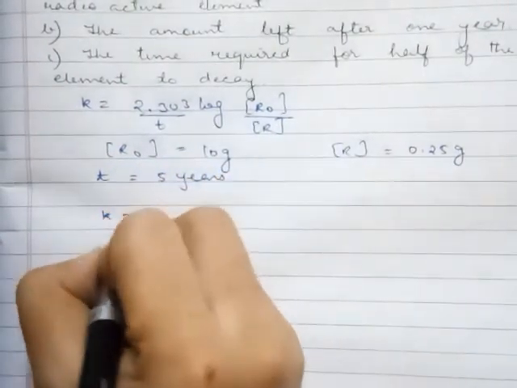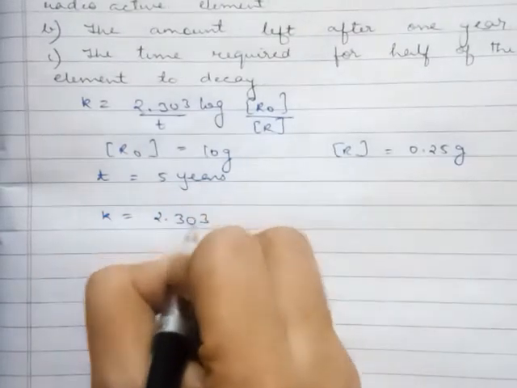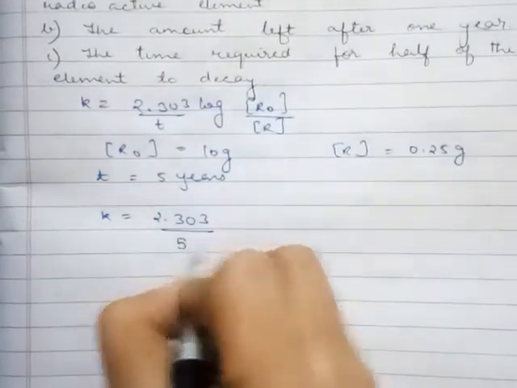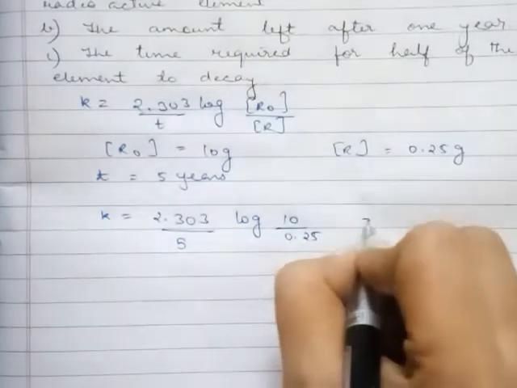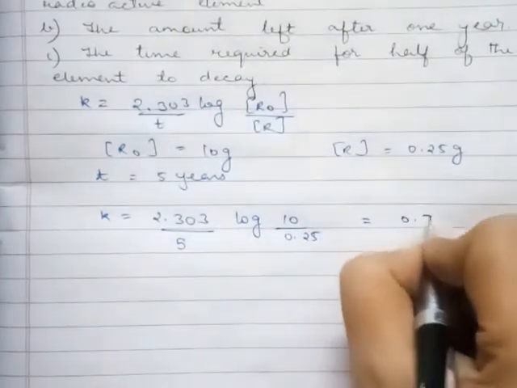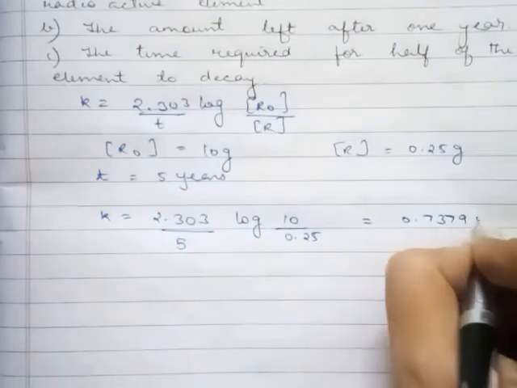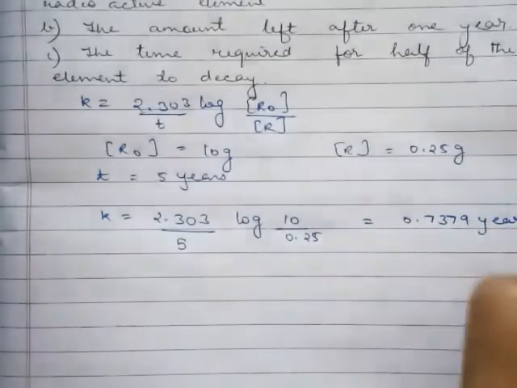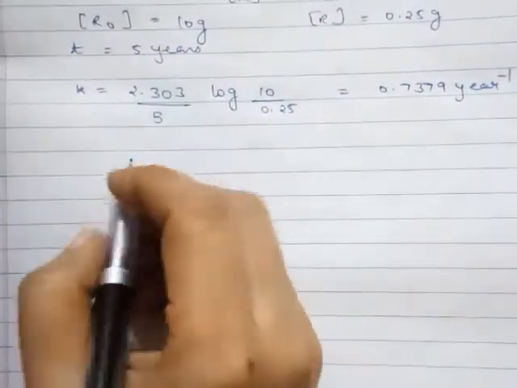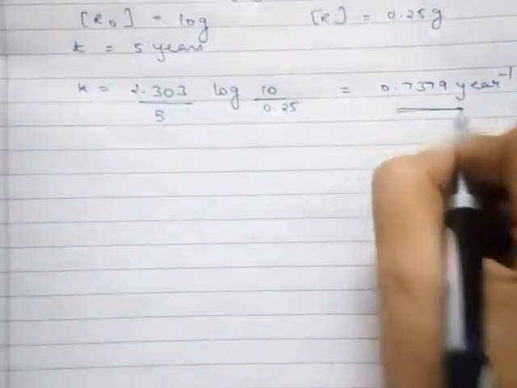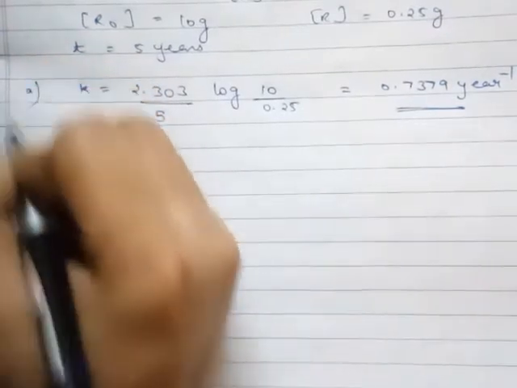So K is equal to 2.303 by 5 log 10 by 0.25, which is equal to 0.7379 year to the power -1. ठीक है, तो रेट कांस्टेंट मिल गया. तो फर्स्ट पार्ट इज़ डन. ए पार्ट हमने क्लियर कर लिया.